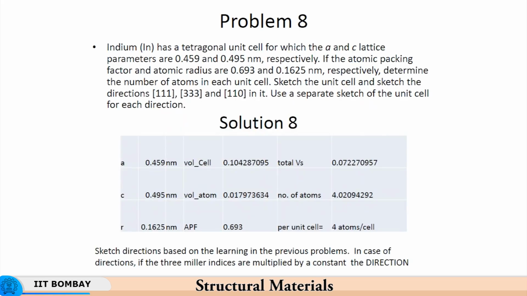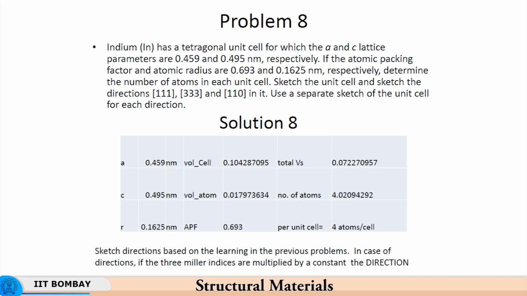Okay. In problem 8, indium has a tetragonal unit cell which has the A and C lattice parameters as 0.459 and 0.495 nanometers respectively. So, this means that there are 3 lattice parameters A, B and C. A and B are equal, and they are equal to 0.459 nanometers, and C is not equal to A and B, and therefore, it is 0.495, slightly more than the parameters A and B. Now, if the atomic packing factor is 0.693 and atomic radius is 0.1625 nanometers, we have to determine the number of atoms in each unit cell.